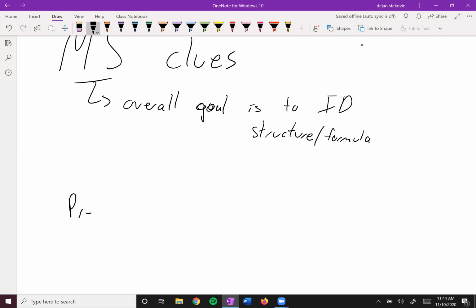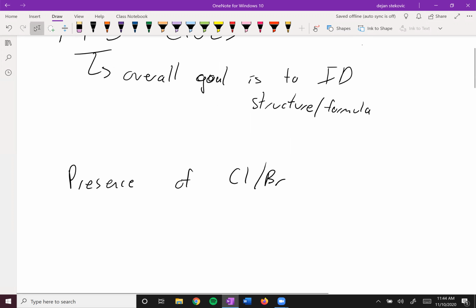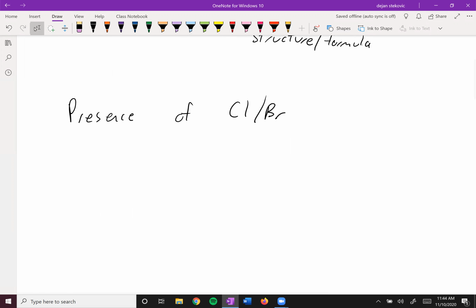And one of the most useful ones is the presence of a chlorine or a bromine. So let's see how we see chlorine and bromine through the use of mass spec. The reason that chlorine and bromine are special is because they're different than a lot of the other elements that we see.